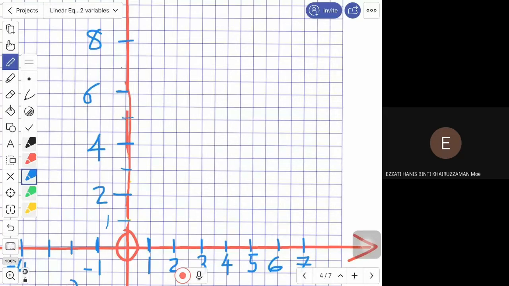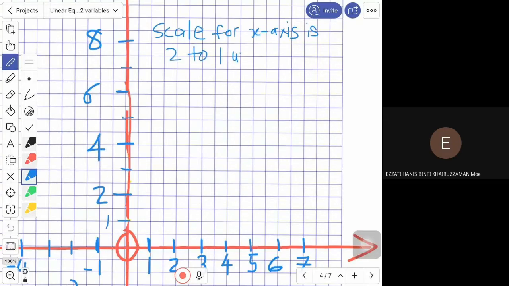Now, when the teacher wants to write the scale, scale for the x-axis is 2 to 1 unit.